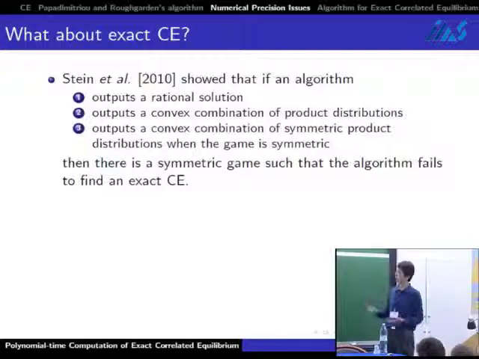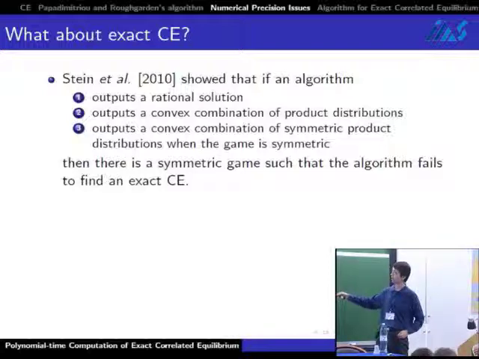So what about computing exact CE? Stein et al. also showed that if an algorithm satisfies the following properties: one, it computes a rational solution; two, it computes convex combinations of product distributions; three, it computes a convex combination of symmetric distributions when the game is symmetric.